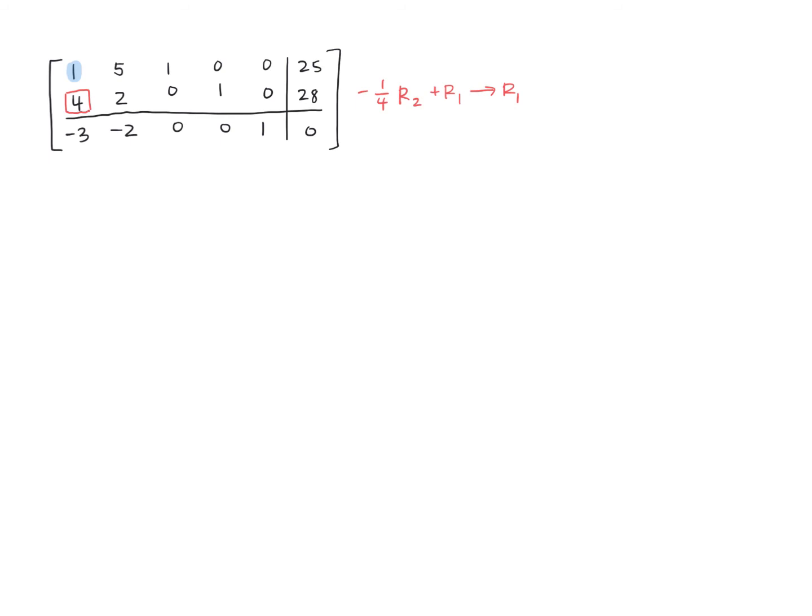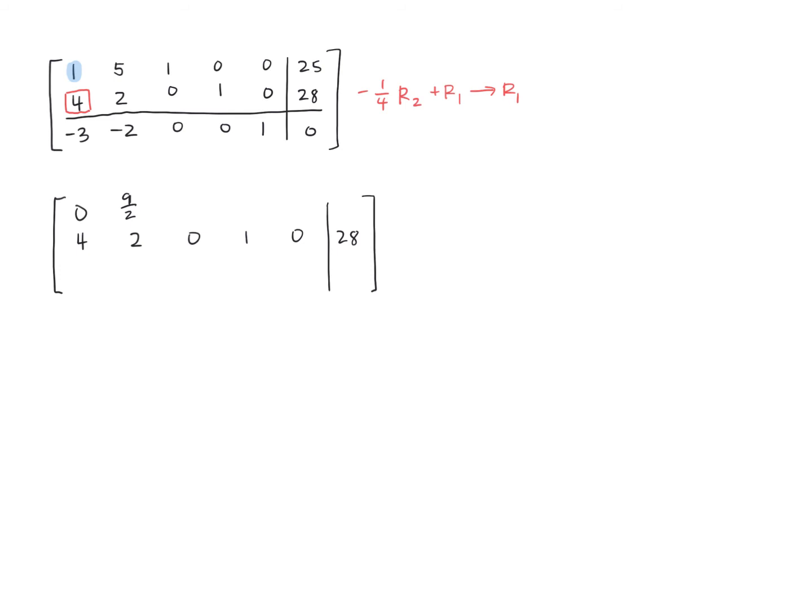So let's see what we get when we do that. So row 2 stays the same. -1/4 times 4 is -1 plus 1 is 0. 2 times -1/4, so I'm just going across the row. 2 times -1/4 is -1/2, and then I add that to 5, so that would be 9/2.